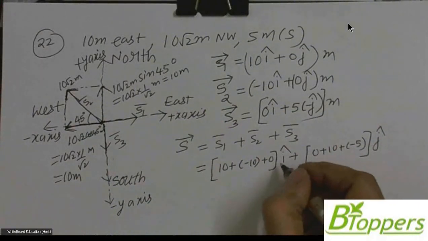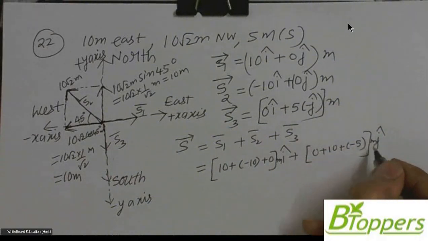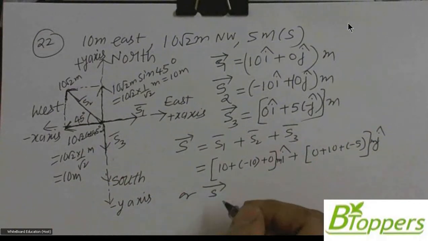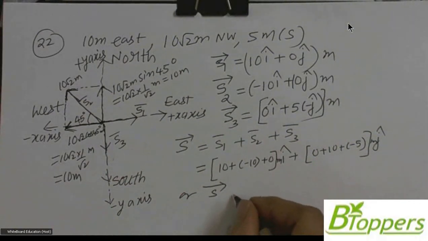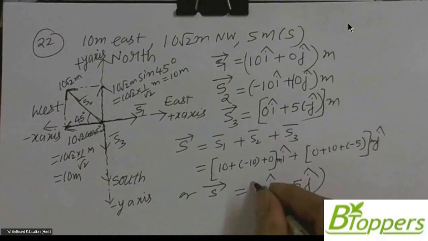Of course, the units are in meters here, whether I mention them or not. So the resultant vector S bar can be written as 0 i cap plus 5 j cap meter.